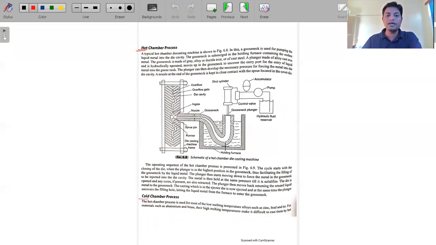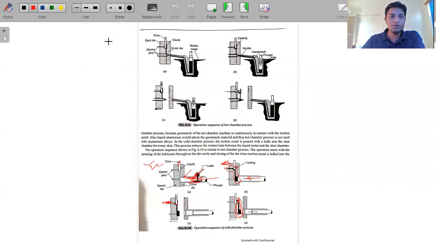Now in the hot chamber die casting, we are using the hot chamber only. In the cold chamber, we keep the molten material in the ladle.